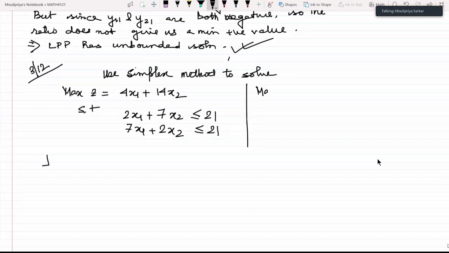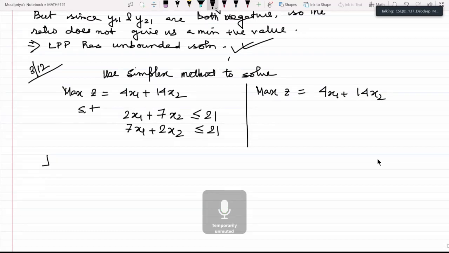Max z equal to... how do we recast it? Okay, let us write down the constraint first.